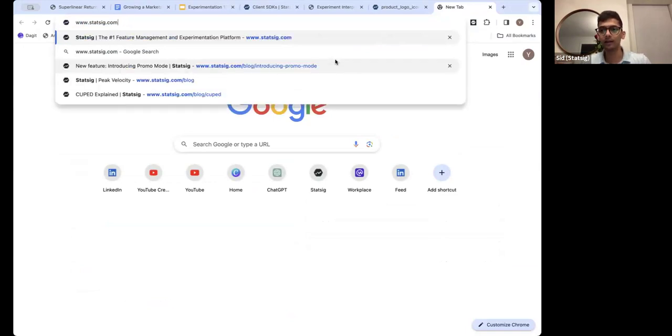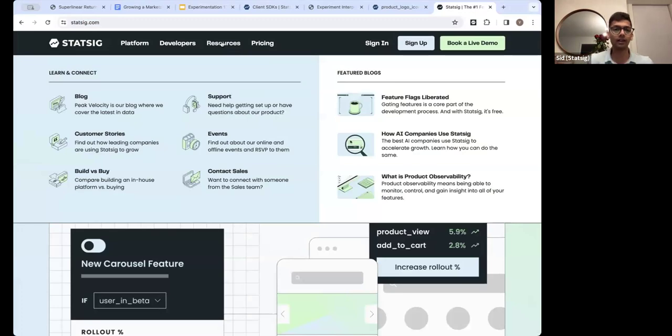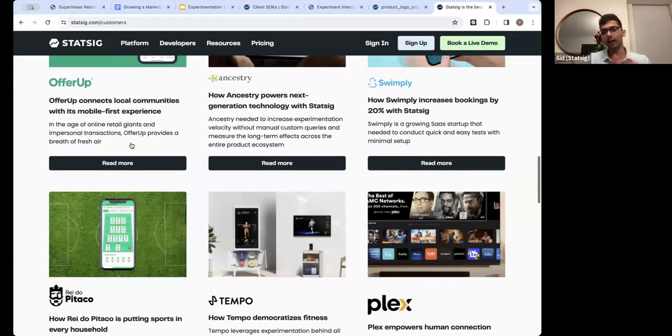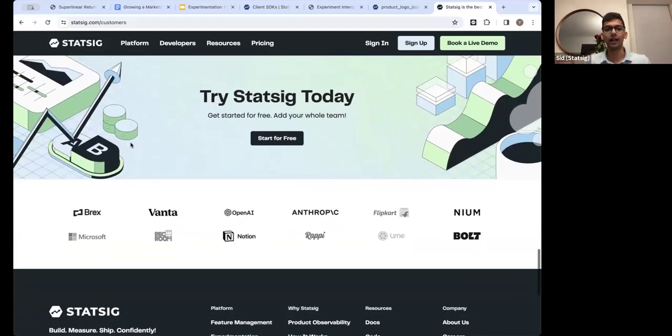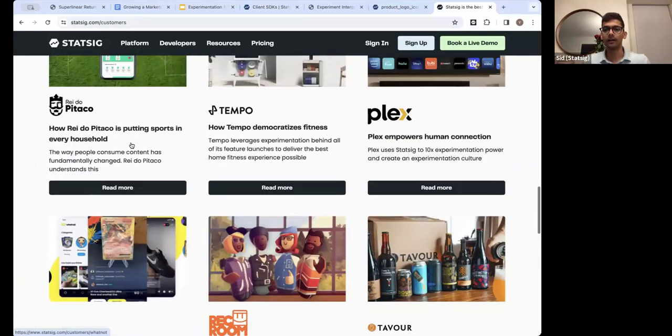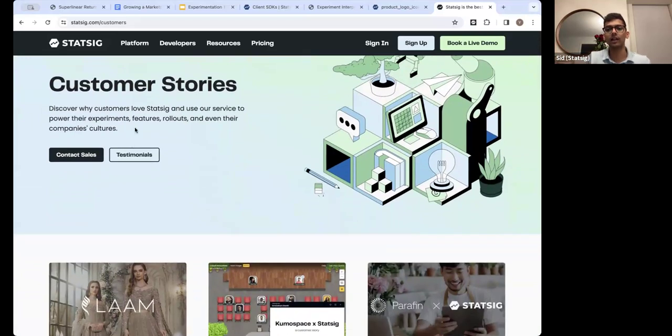So I'd also recommend if people are evaluating different vendors to go to the resources that YZ is pointing to. And we have some customer stories that are published and you can see a whole range of logos out there that are using Statsig. But definitely if you have more specific questions on how we are differentiated on a specific capability with a competitor, we're definitely happy to engage and answer that offline.